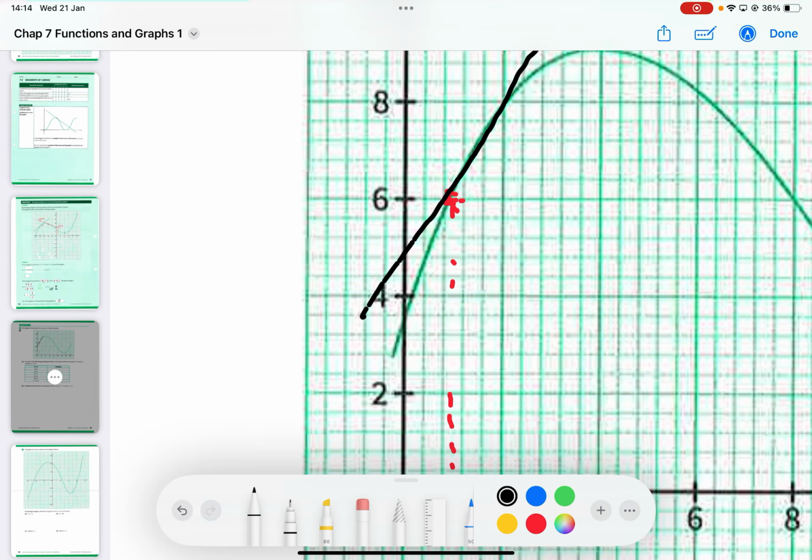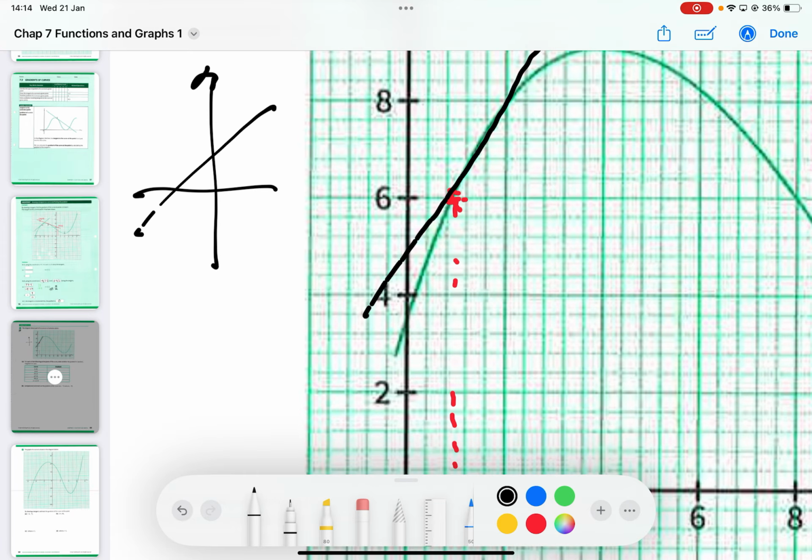Okay? So if you recall, y equals mx plus c, all the slopes where x is higher, y is also higher, all these have a positive gradient. Sloping upwards towards the right means positive gradient.